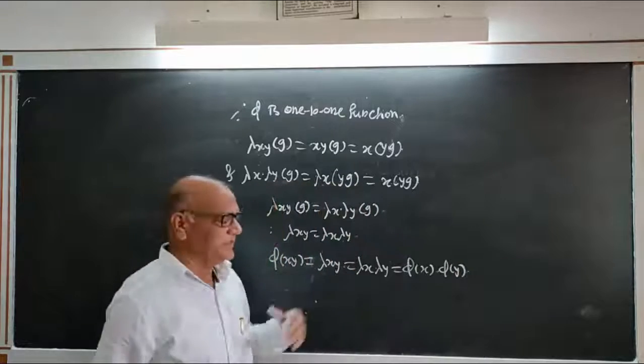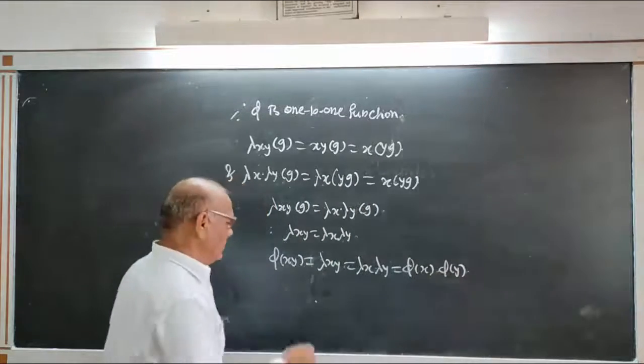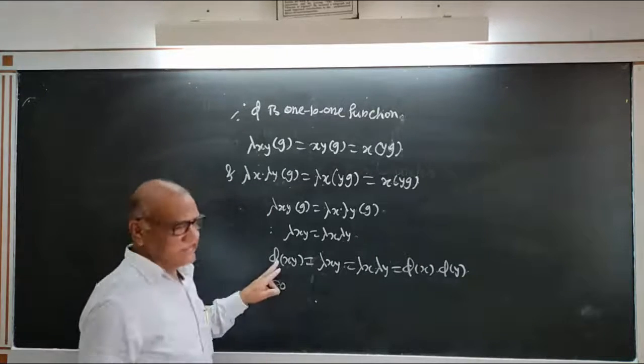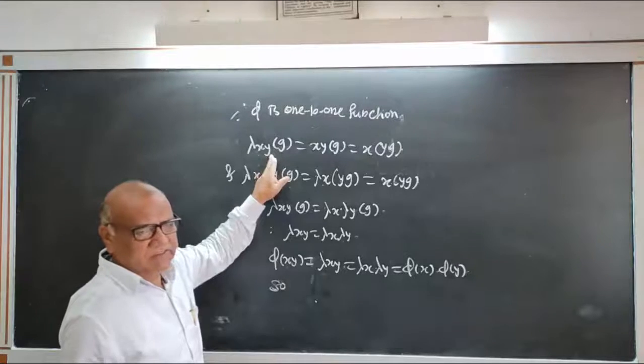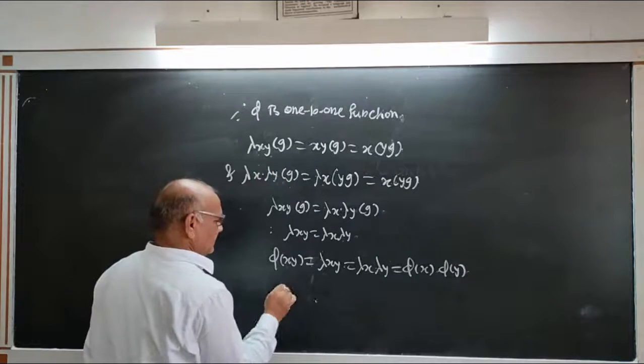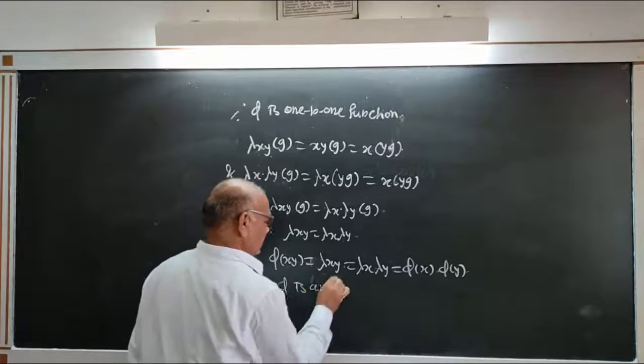This gives the homomorphic condition: phi of xy is equal to phi of x times phi of y. So phi is a homomorphism.